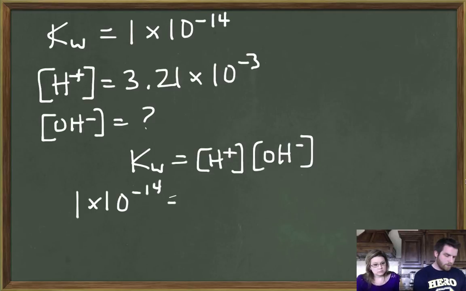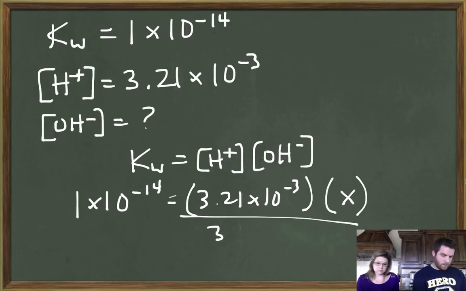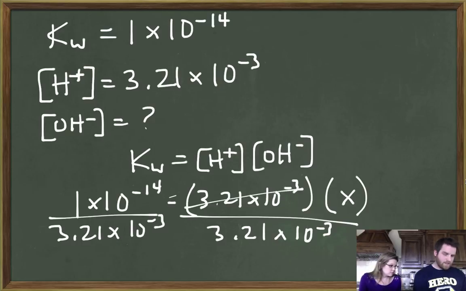We know that hydrogen ion concentration is 3.21 times 10 to the negative 3 times hydroxide, which we don't know. That's X. So we just divide both sides by 3.21 times 10 to the negative 3. So really, it's just Kw divided by whichever one you're given to get to the other one. The easy way to say it is no matter what you have, you do Kw divided by that to get the other one. But I wanted to write it out to show you guys.